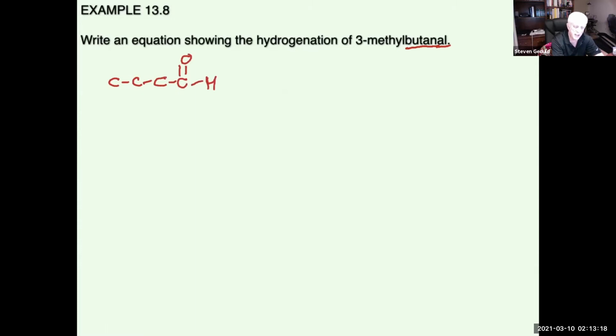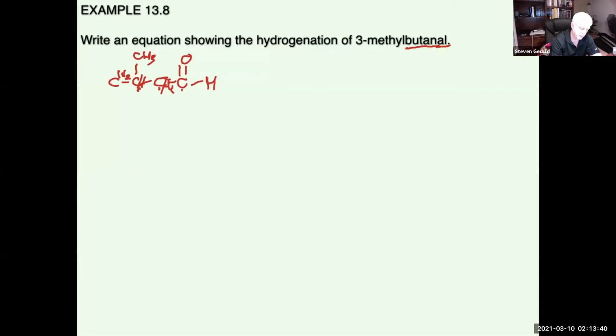That's butanal. And remember the carbonyl group is always number 1. So this is 1, 2, this is number 3, there's a methyl group. So this is CH3, this is CH, this is CH2, and our carbonyl group.